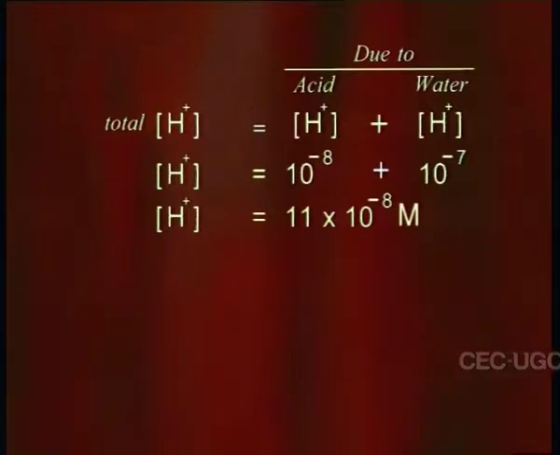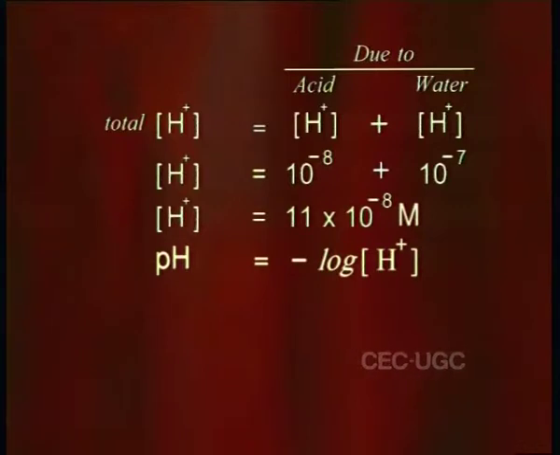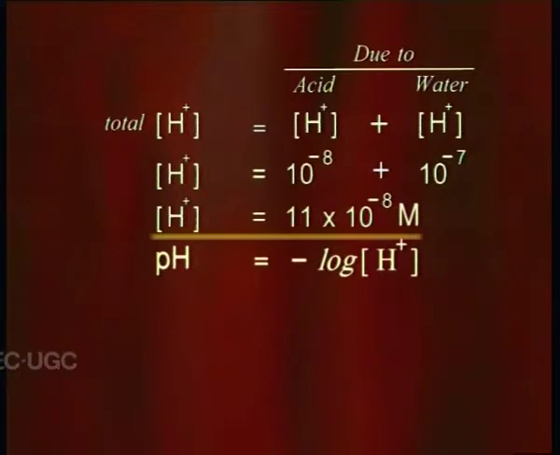Now the formula for pH determination is pH is equal to minus logarithm of the hydrogen ion concentration. We have calculated the hydrogen ion concentration as 11 into 10 to the power of minus 8.